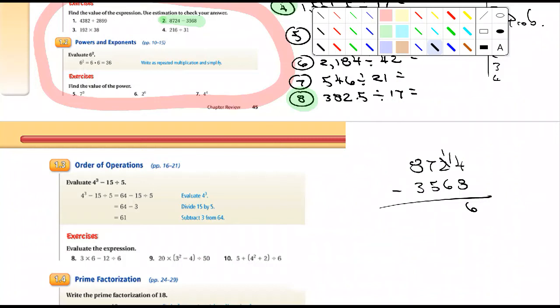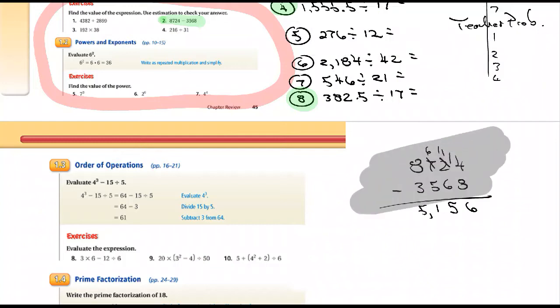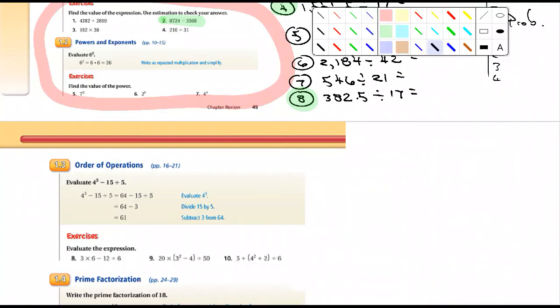So then we have 6 from 1, that's not going to work. We've got to borrow from the 7, 7 becomes a 6, the 1 becomes an 11, 6 from that would be 5, and then 5 from 6, 1 left over, 3 from 8 is 5, so there's your answer to number 2, 5,156, assuming I did that correctly.